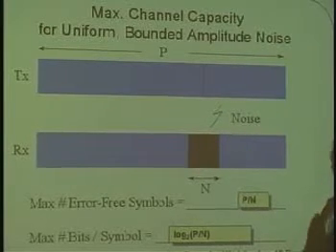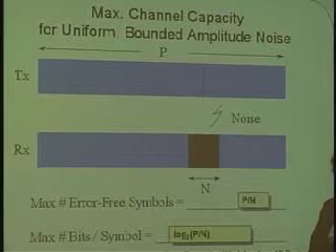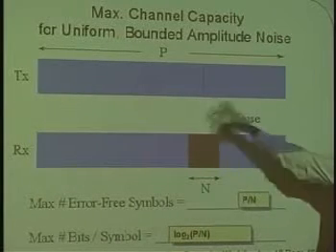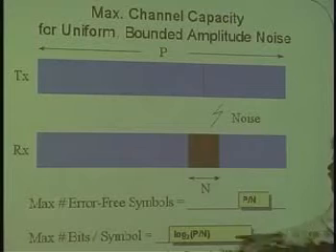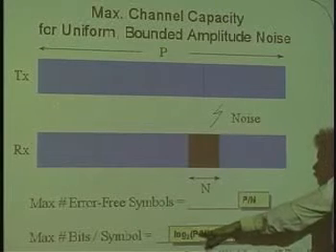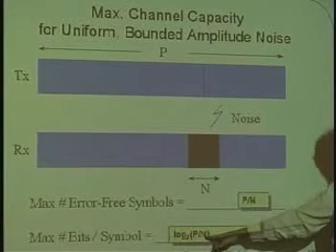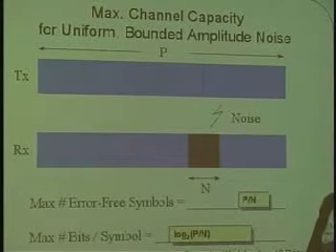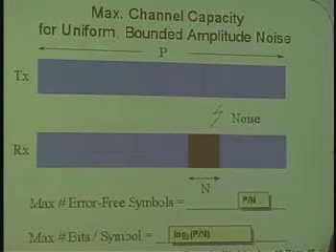I said the uncertainty is around 1/1,000,000th of an inch. N is 1/1,000,000th of an inch. The bar is around 1 inch long. So log base 2 of 1 divided by 1 over 1,000,000 is log base 2 of 1,000,000, which is around 20 bits.